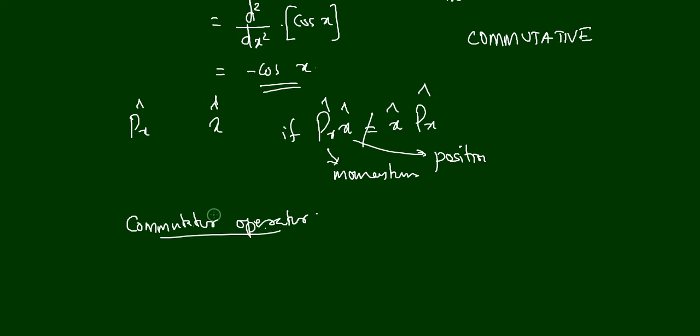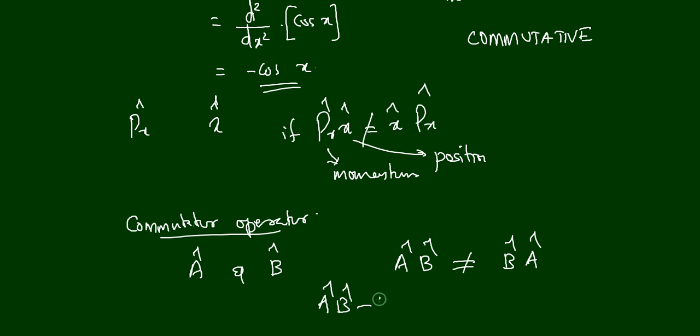You know the two operators, a cap and b cap, and suppose they are non-commutative operators. It means that a cap b cap is not equal to b cap a cap. In that case, a cap b cap minus b cap a cap will be a non-zero quantity, because a cap b cap is not equal to b cap a cap.